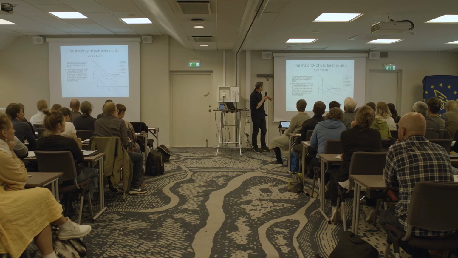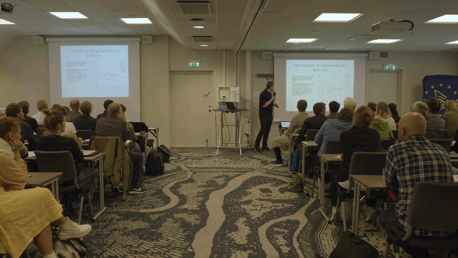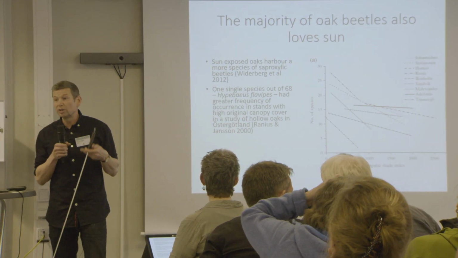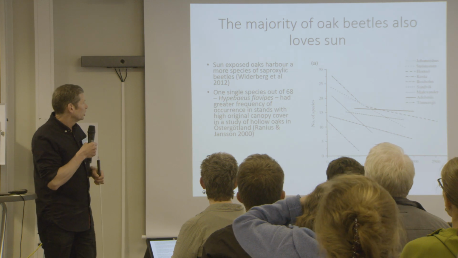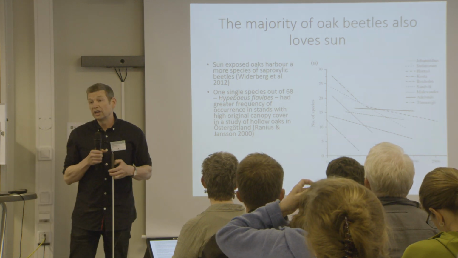Only one single species out of 68 had a greater frequency of occurrence in stands with high original canopy cover, so a shaded forest. And this is hollow oak dependent species, so sun-loving individuals. Probably goes back to the evolutionary history here.